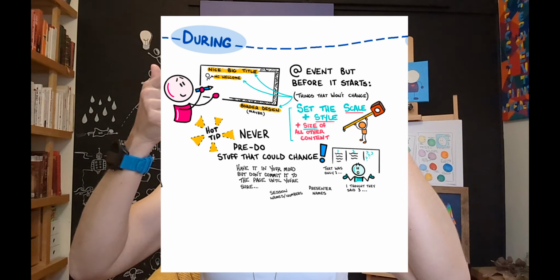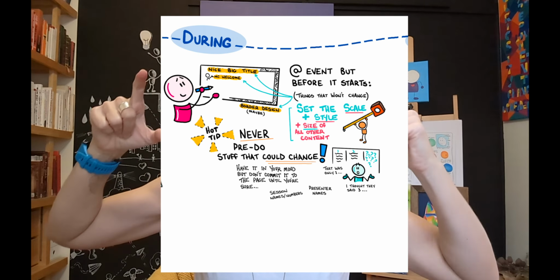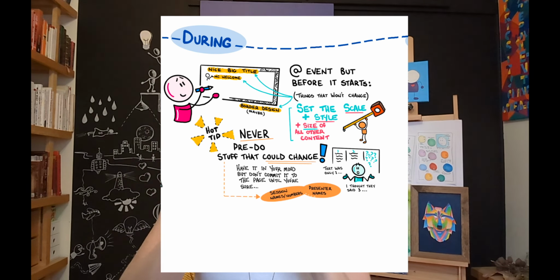Have the idea in your mind, but don't commit it to the page until you're sure that that's what's actually going to happen. Same goes with the names of presenters. Don't write them all up on your sheet or your page or whatever you're working on until you're sure that those names are correct, because I have had it happen where, yes, these are the names, they're on the agenda, they're printed up, and then someone gets sick, someone gets stuck in traffic and doesn't get back in time to present their session.